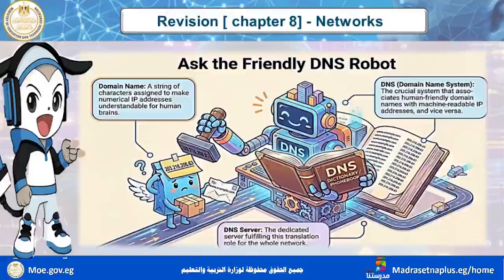So DNS is used for converting readable addresses, URLs, for example, converting www.facebook.com, which is a real address understood by us, to 192.168.1.1, for example.